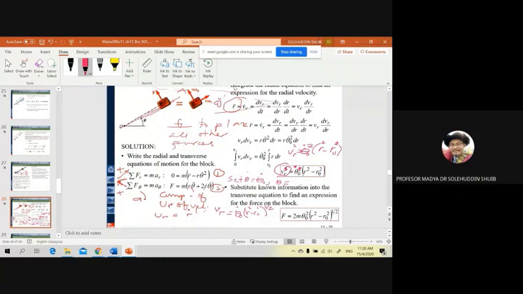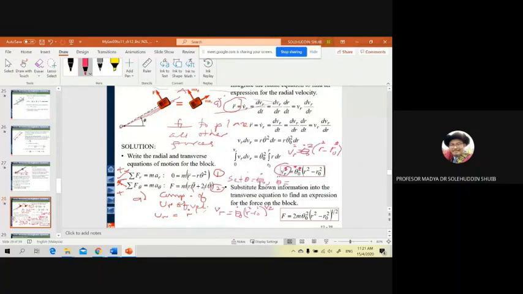So you want to find V_r. V_r is theta dot times (r square minus r0 square) to the power 1 over 2, which is the square root. This is correct already. We proceed to this one. Substitute for theta double dot. This is constant, right?